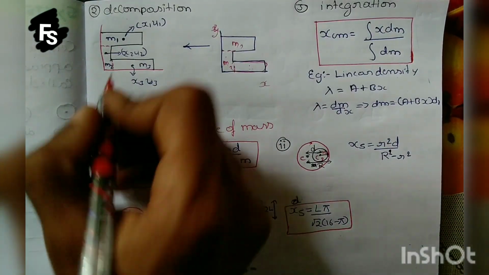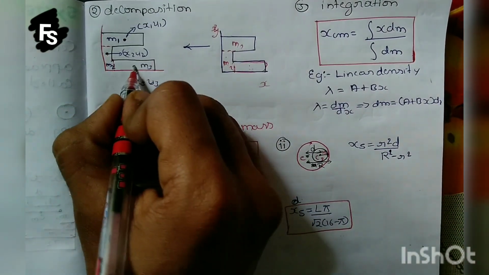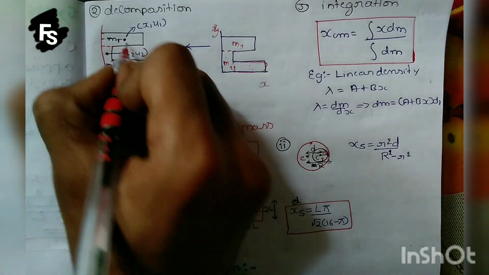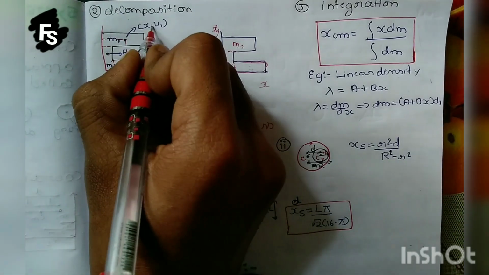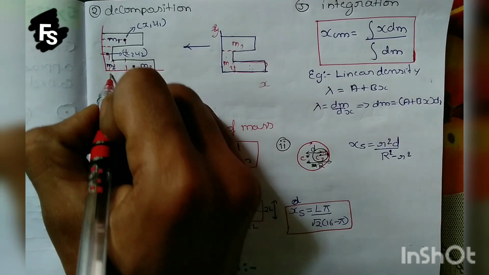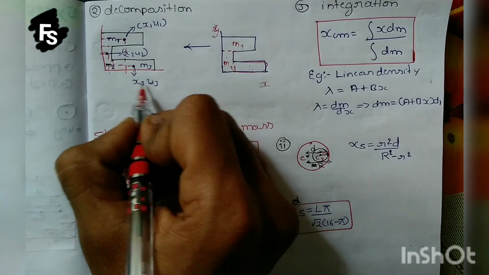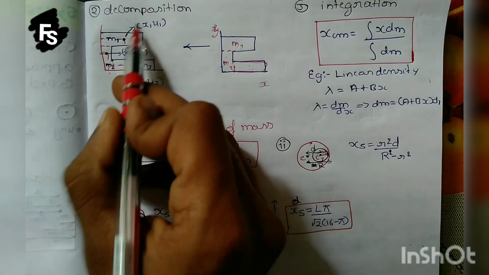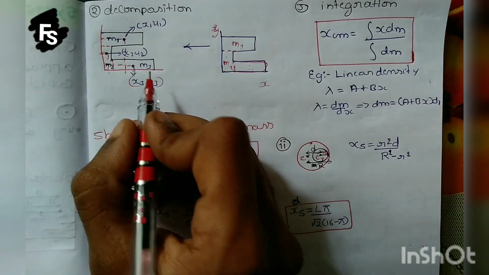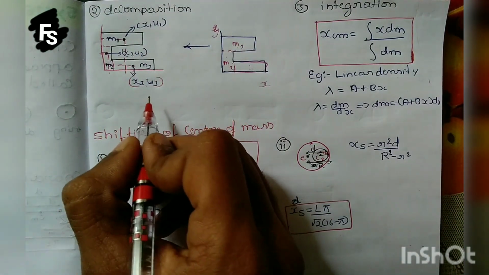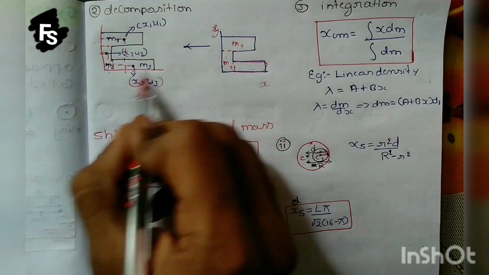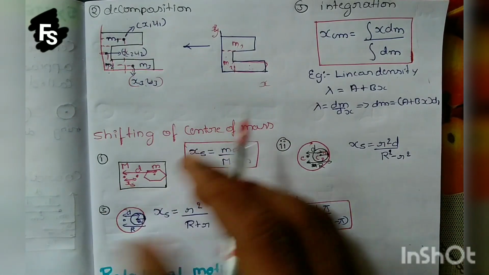Just do like this and locate the center of mass by using coordinates: x1 y1, x2 y2, x3 y3. By using this you can find the xcm, ycm and zcm. Then we will get the center of mass of all these objects.